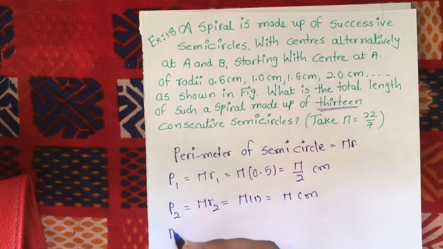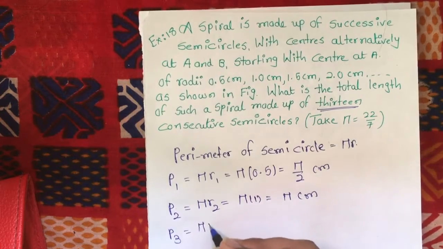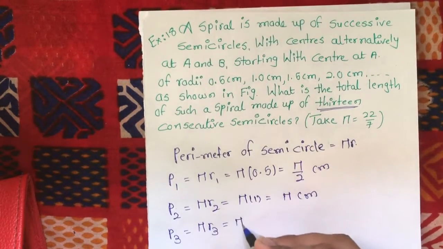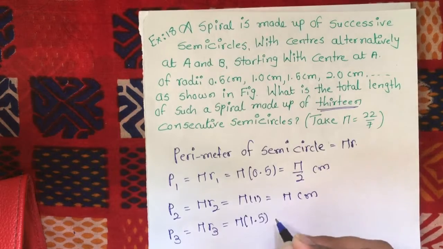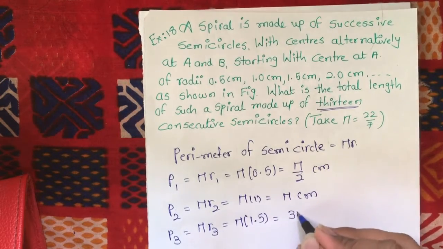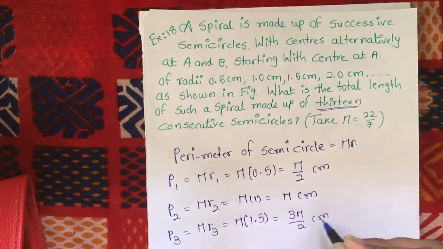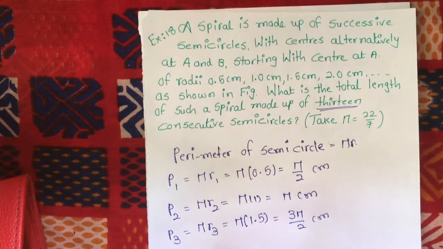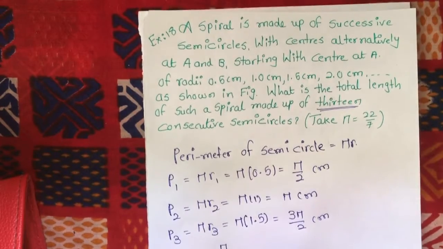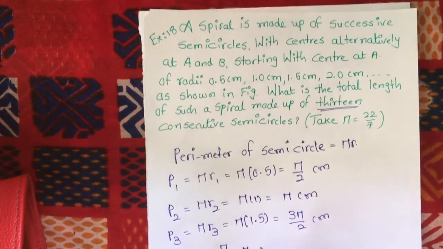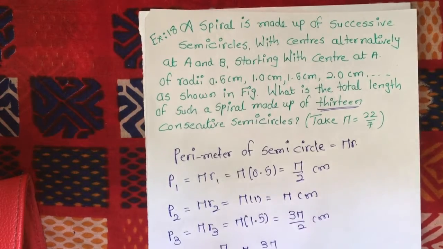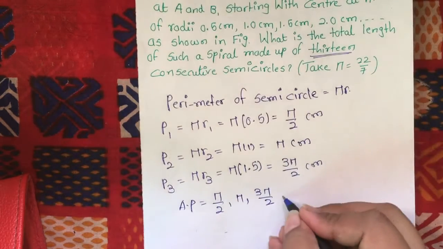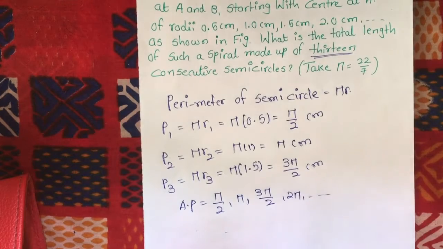Okay, now p3 is equals to pi into r3, which gives pi into 1.5. 1.5 is nothing but 3 by 2, that is 3 pi by 2 centimeter. So now we are having p1, p2, p3 as the lengths of the semicircles. So the AP will be pi by 2, pi, 3 pi by 2, 2 pi, up to.